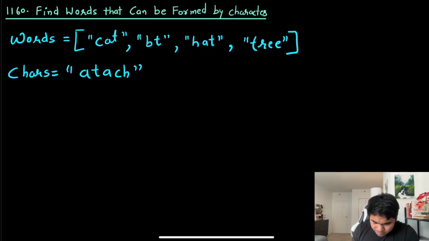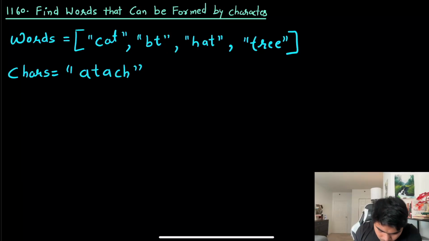So, brute force or optimized approach, I think the most straightforward approach that we see for this problem is to create a hash map. We want to count the frequencies of chars, and then we go to each word, create the frequency map for each word, and then check if there is any key that's not in chars, or the frequency of that character in the word is greater than in chars.